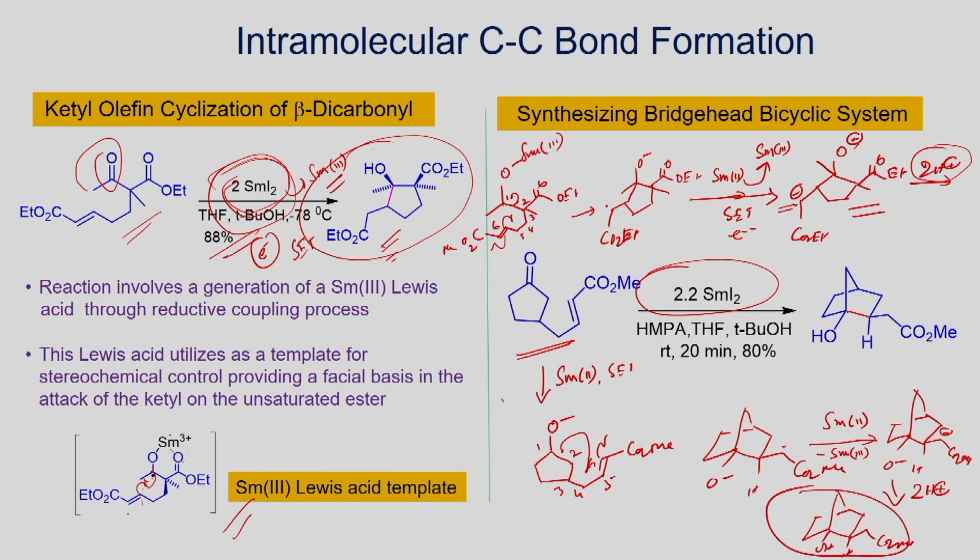Here you make a new carbon-carbon bond between this carbon and this carbon. You make a new bond here. In addition to that, whatever radical you form, you convert into a carbanion, which can be treated with a proton source. In this way, you will be able to make a bicyclic alcohol as the product. As you can see here, radical chemistry plays a very important role in constructing highly functionalized complex molecules.